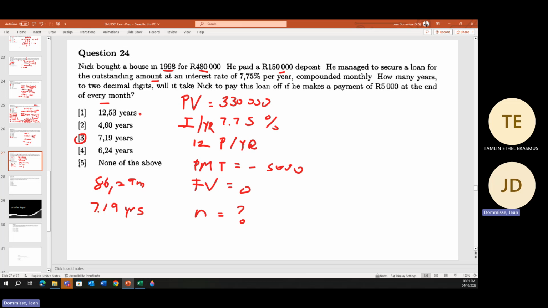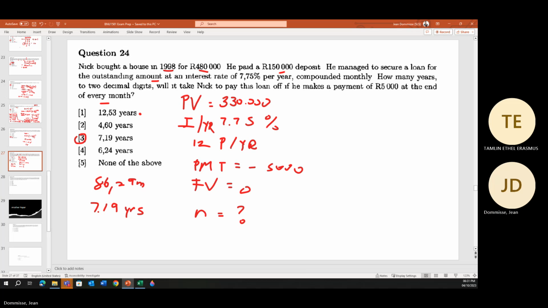We need to subtract that from the bigger amount, and then we will get the loan on that. Okay, so again, we use the payments every month. The present value, remember, future value needs to be 0 because at the end of the 7.19 years, I don't have a loan anymore.